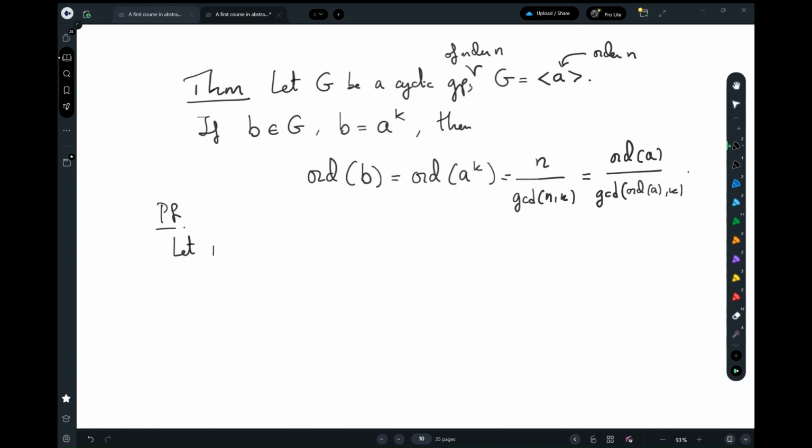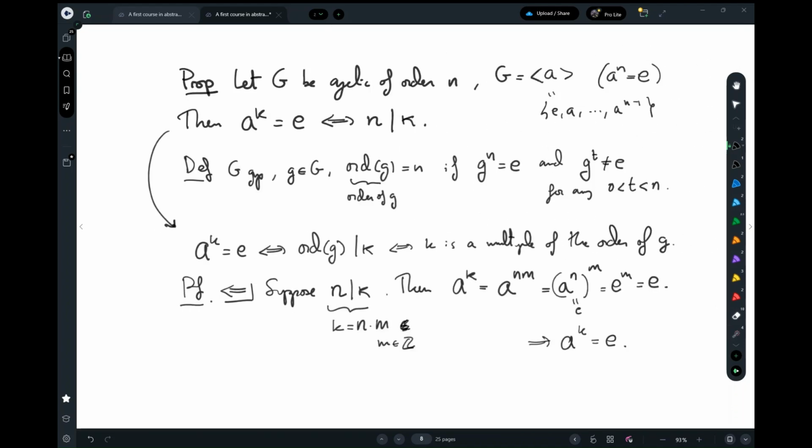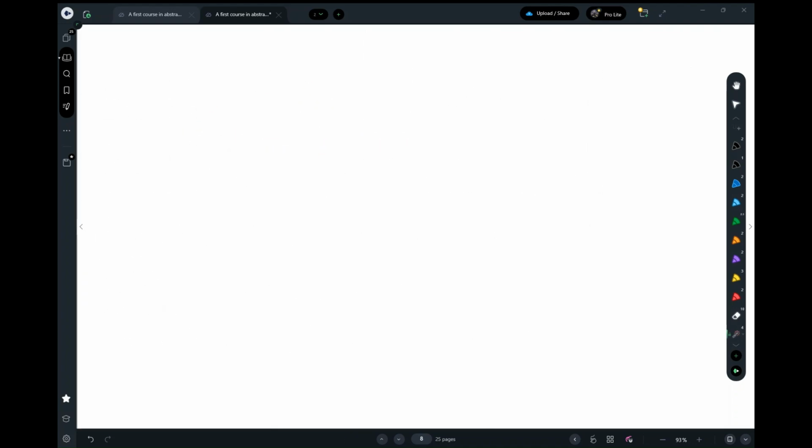Let M be the order of B, which by definition is the smallest integer M such that B to the M is E. So that is the smallest integer such that A to the KM is E. But we know that a power of A will be E if and only if that power is divisible by its order, by our previous result.